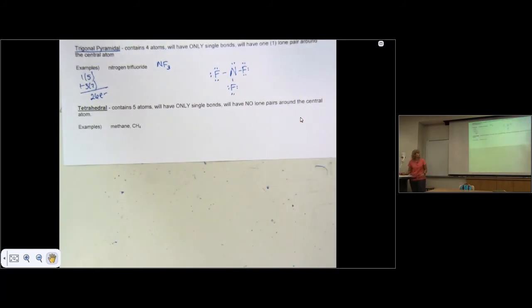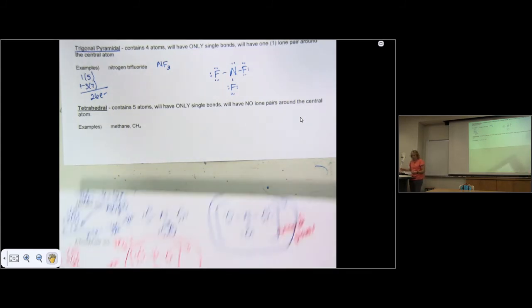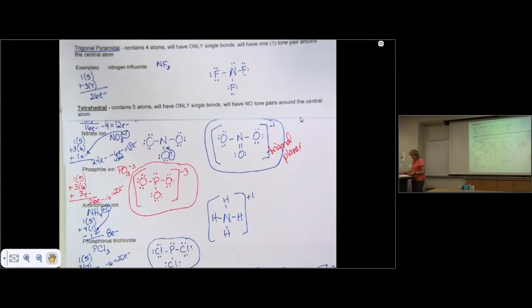Is that what you drew? Yes or no? Okay. Who else on the drawings that you have is trigonal pyramidal?